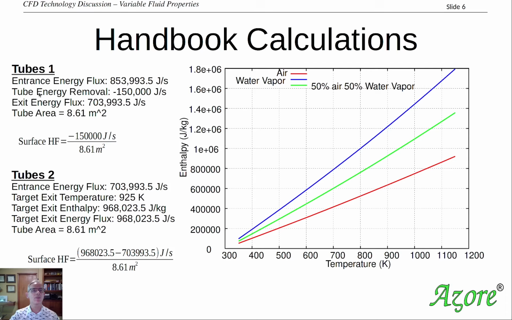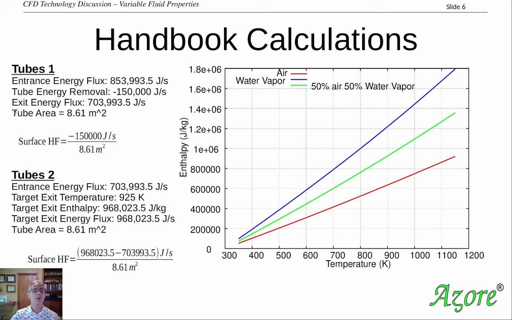For the first set of tube banks, we know that the total energy removal there was basically 150,000 joules per second. And we know from our previous slide, where we calculated the total energy flux coming in, how much energy we want to remove. And we can come up with what the actual energy level should be leaving the first tube bank.